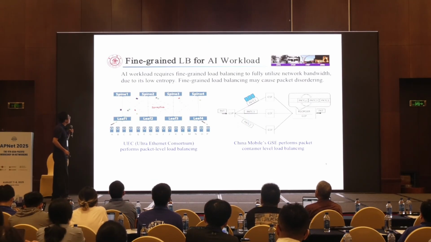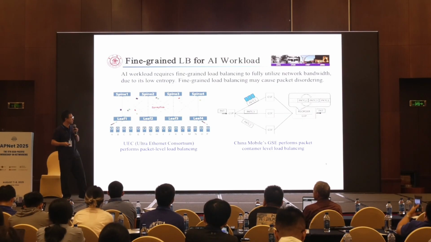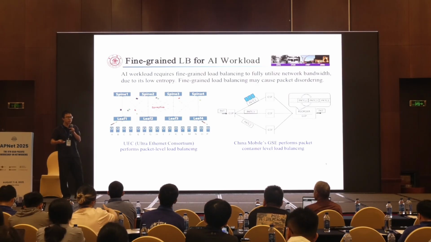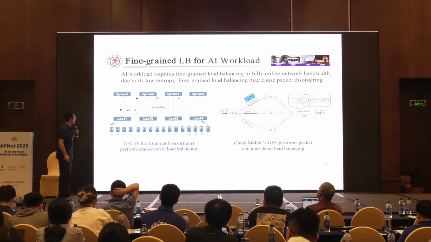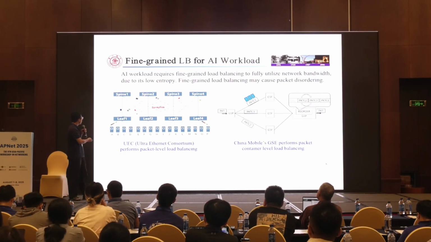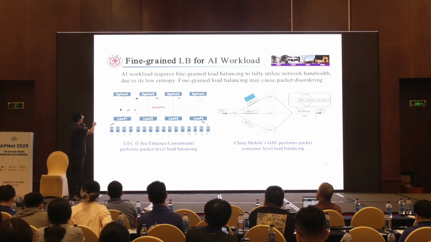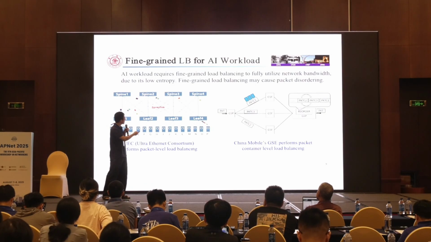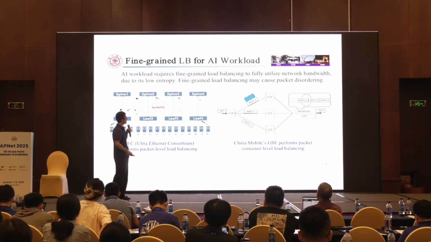For AI workload, because it has low entropy, people started thinking about doing packet spray or fine-grained load balancing for AI in order to better utilize the network capacity. For example, UEC performs packet-level load balancing. Basically, for each flow, it simply sprays the packets among multiple paths, and then at the receiving side, it reorders the packets before delivering to the end hosts.